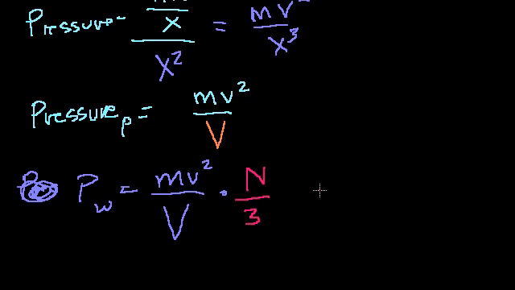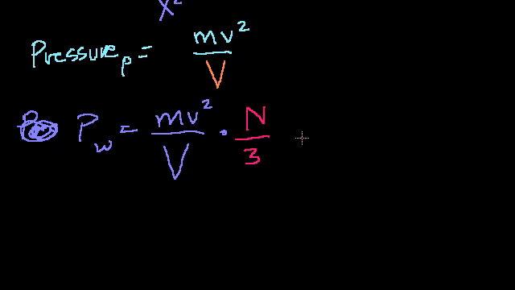Let's see if we can manipulate this thing a little bit. If we multiply both sides by 3v, we get pv times 3, right, is equal to mv squared times n, where n is the number of particles.